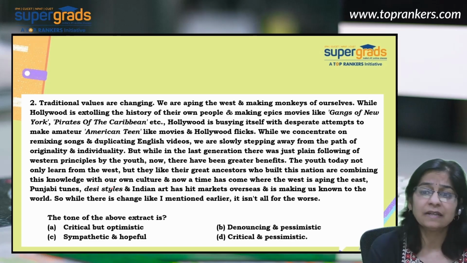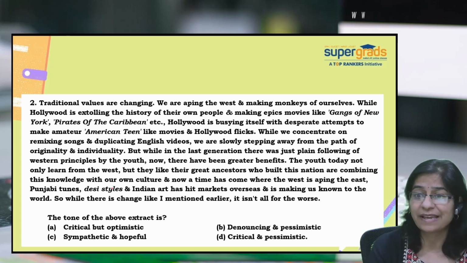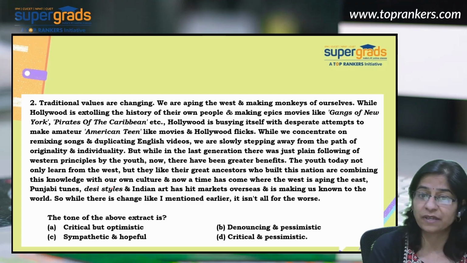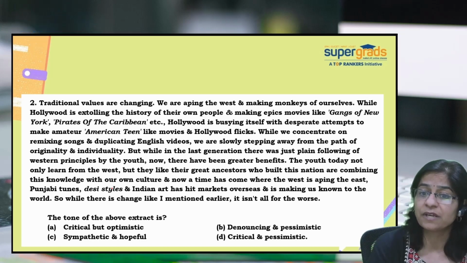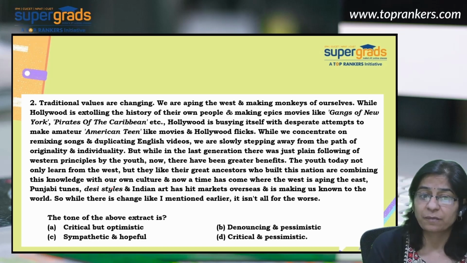Let's read further. While Hollywood is extolling the history of their own people and making epic movies like Gangs of New York, Pirates of the Caribbean, Hollywood is busying itself with desperate attempts to make amateur American teen-like movies and Hollywood flicks. While we concentrate on remixing songs and duplicating English videos, we are slowly stepping away from the path of originality and individuality.